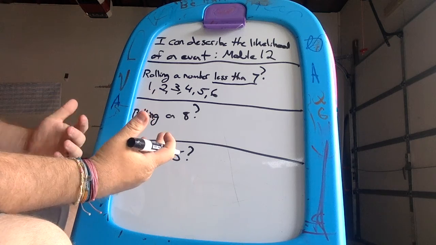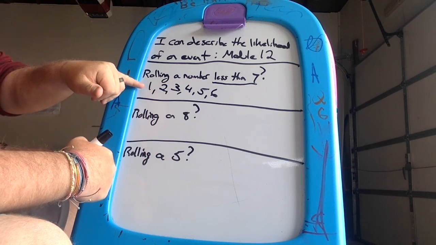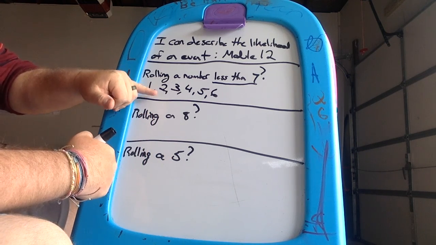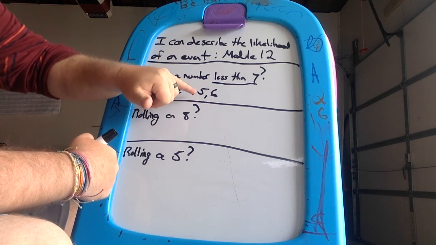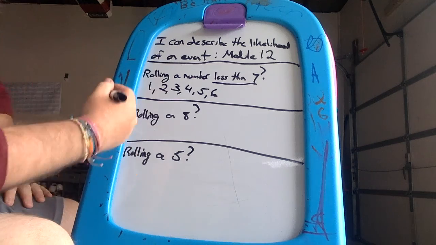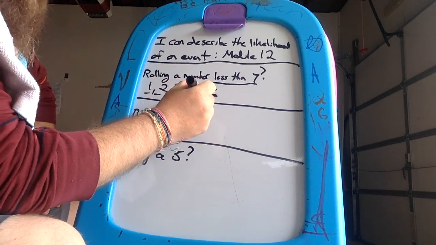This is how you look at it. Is 1 less than 7? Yes. Is 2? Yes. Is 3 less than 7? Yes. Is 4? Yes. Is 5? Yes. And 6? Yes. So I have 1, 2, 3, 4, 5, 6.